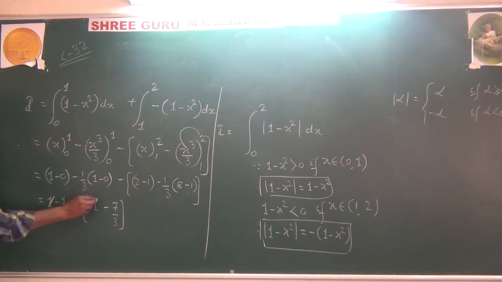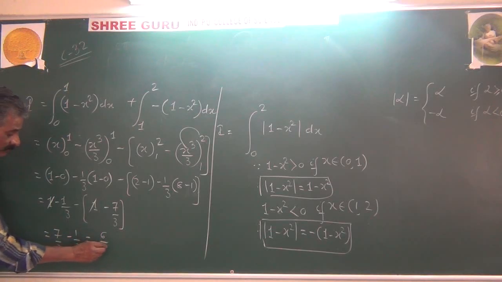Actually this is plus; 1 minus 1 cancel, minus of minus plus 7 by 3. 7 by 3 minus 1 by 3 means 7 minus 1, 6 by 3, that is equal to 2.